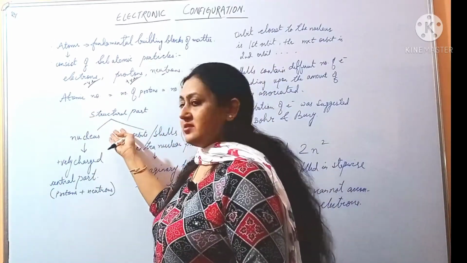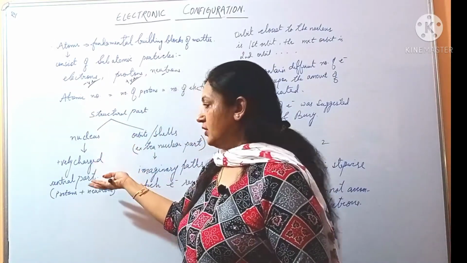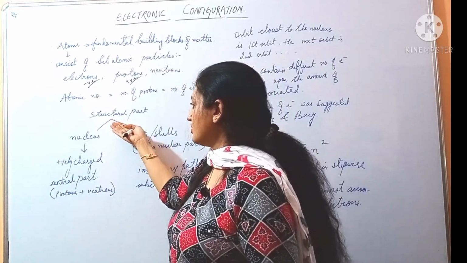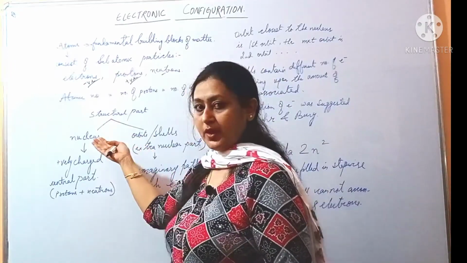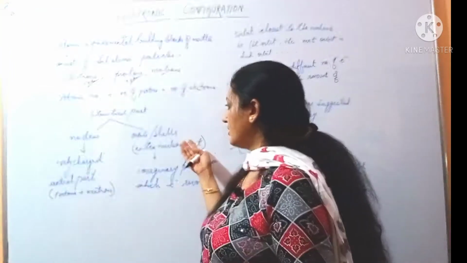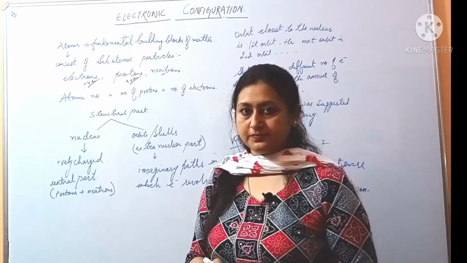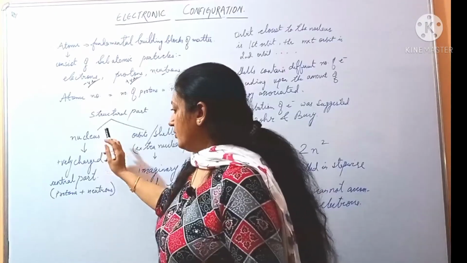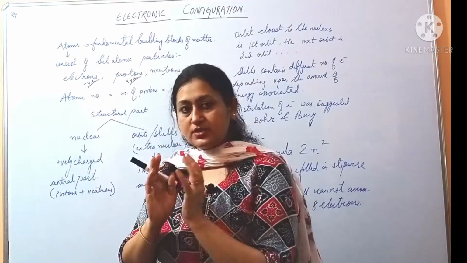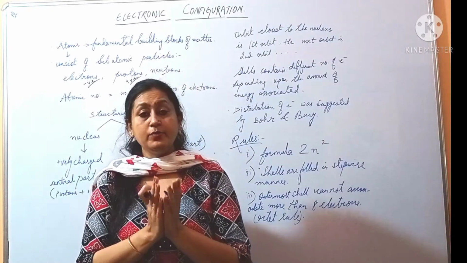Now, if we look at the basic structural part of an atom, we find that it has two parts. One is the nucleus, the other is the orbits or the shells, which is also known as the extranuclear part. Nucleus is the positively charged central part of the atom. Why positively charged?